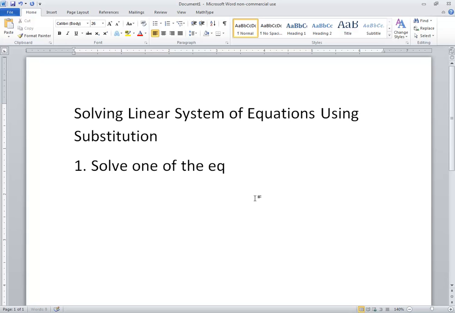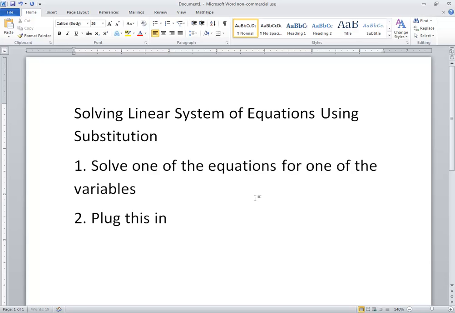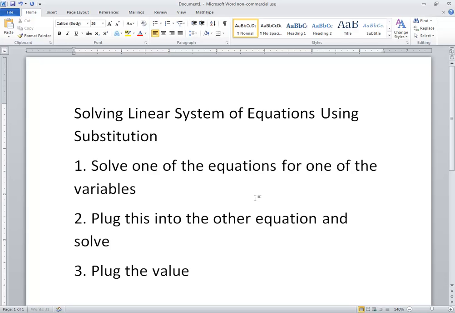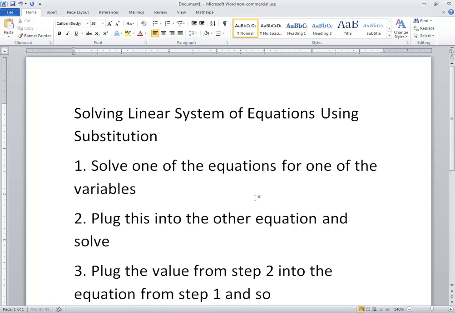Solve one of the equations for one of the variables. Doesn't matter which equation, doesn't matter which variable, whichever one's easier. Step 2. Plug this into the other equation and solve. And step 3. Plug the value from step 2 into the equation from step 1 and solve.